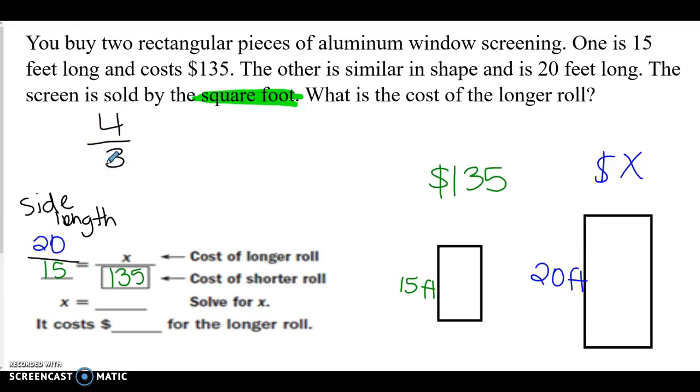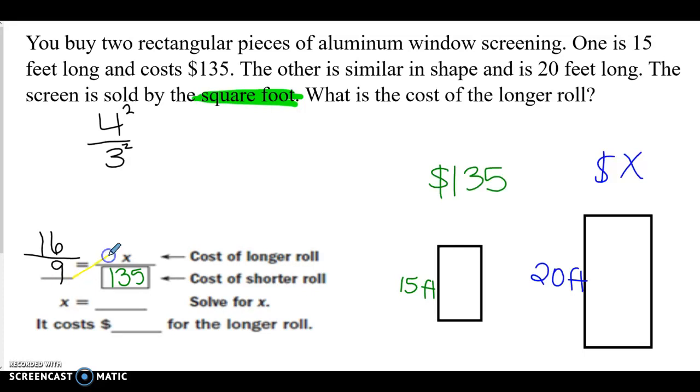And now I need the area ratio, so I need to square it. Okay, so that 4 squared over 3 squared is going to give me my area ratio. How do I solve a proportion? Way back to sixth grade. Cross multiply.